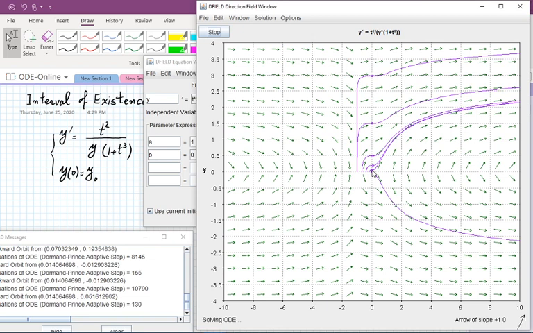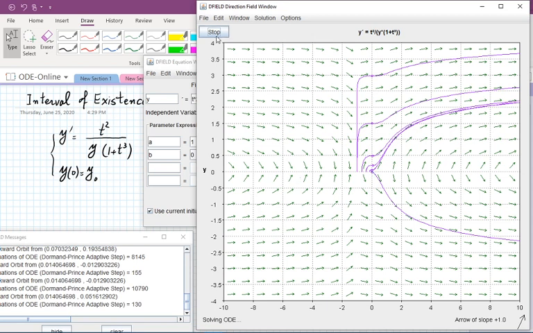Here's another example. You see that they have a hook at the beginning, and that is what makes the problem a little bit interesting and more complicated than others. Let's see how we are going to handle that.